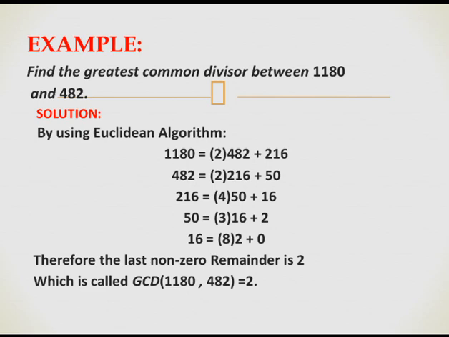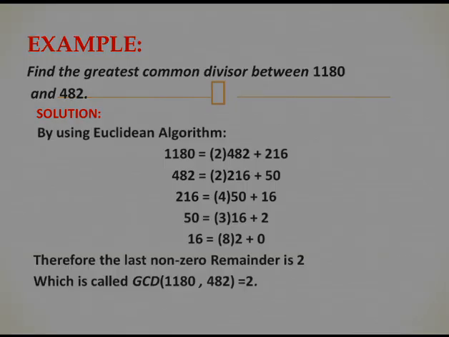The next step is 216 as the dividend and 50 as the divisor. We get 16 as a remainder. Repeat this process until we get the remainder 0. Therefore, the last non-zero remainder in the problem is 2, which is called the greatest common divisor of the given numbers 1180 and 482. Therefore, the GCD of 1180 and 482 is equal to 2.